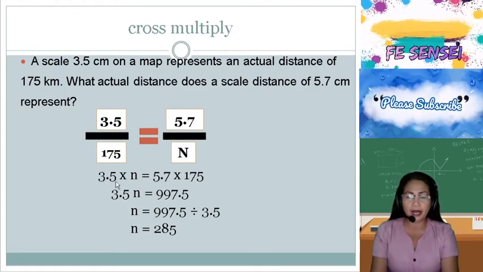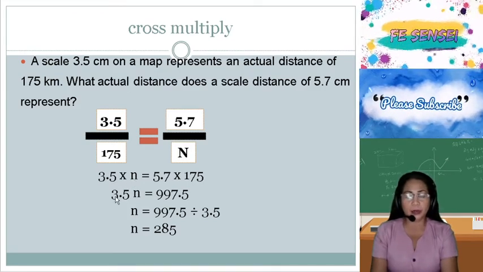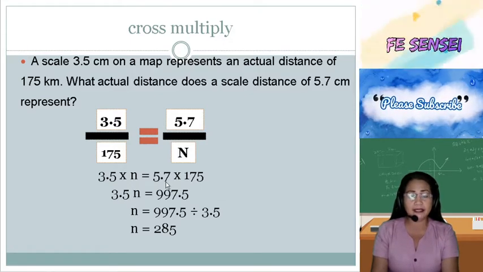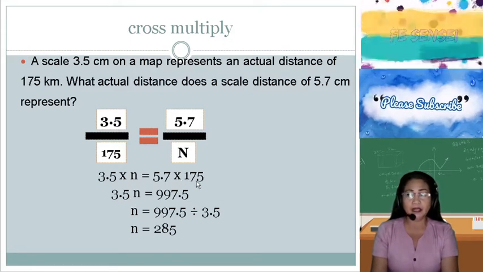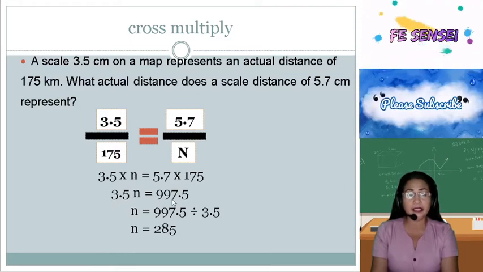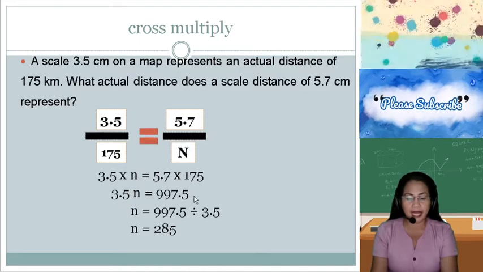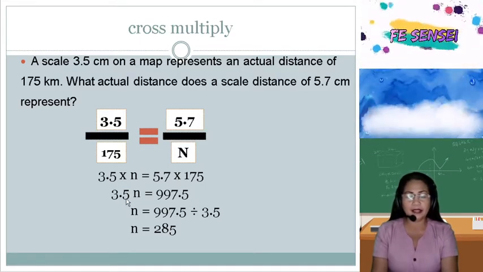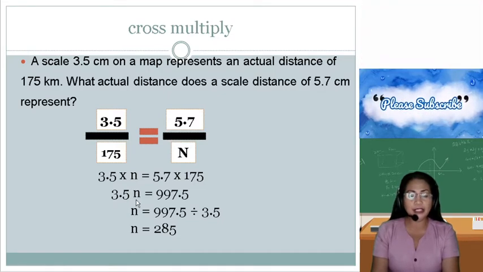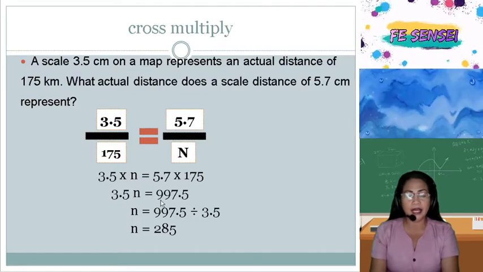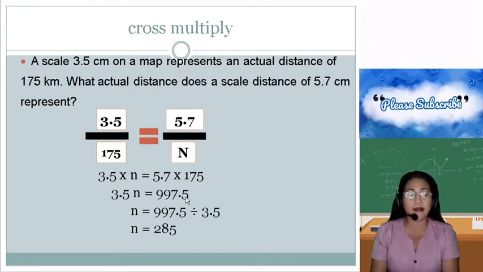So 3 and 5 tenths times n equals 3 and 5 tenths n. And 5 and 7 tenths times 175 equals 997 and 5 tenths. For every 3 and 5 tenths n, the actual distance is 997 and 5 tenths.